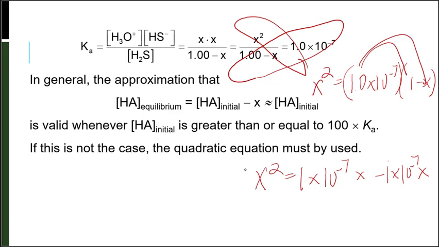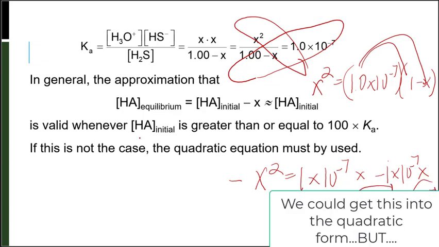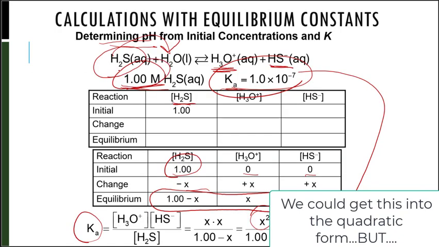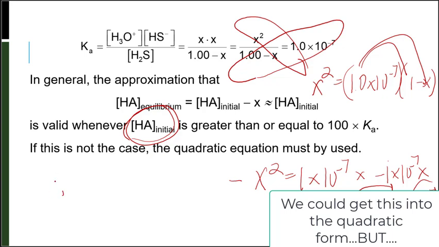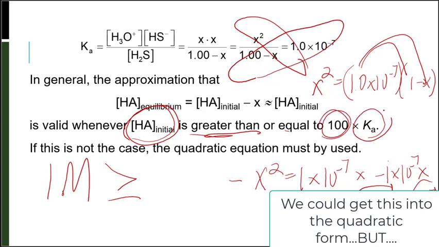And we could get the quadratic formula here if I subtract x squared from both sides. If we look at our initial concentration, and in this case our initial concentration was 1 molar, and if that is greater than or equal to 100 times Ka.